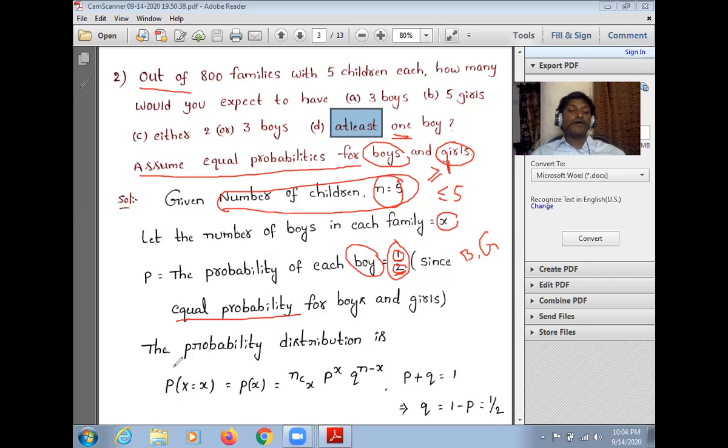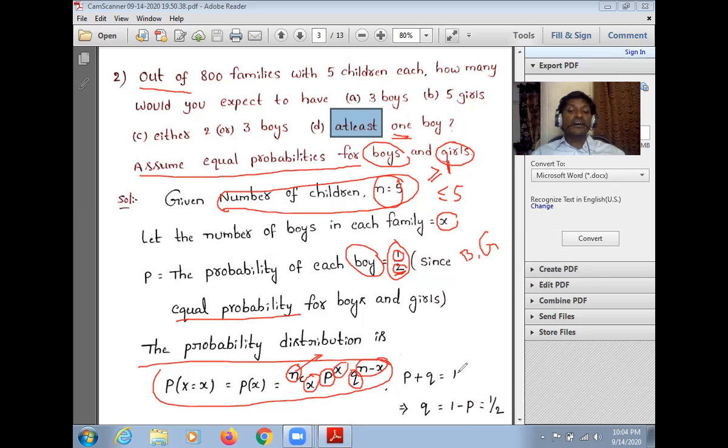Now coming to the formula. The probability distribution formula that we wrote is P of x equal to nCx p to the power x, q to the power n minus x. Here n represents the number of trials, x represents the number of successes, p represents the probability of success, and q represents the probability of failure, with n minus x failures and x successes.